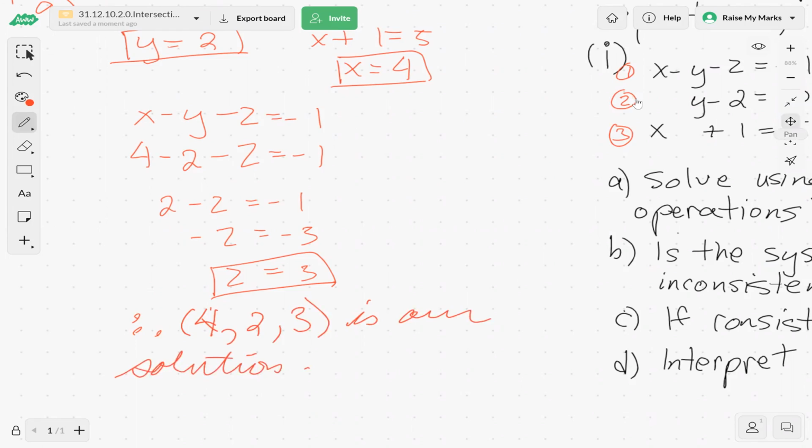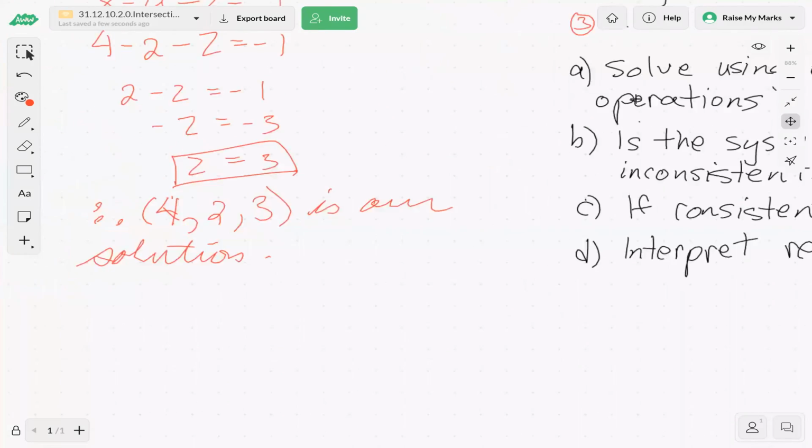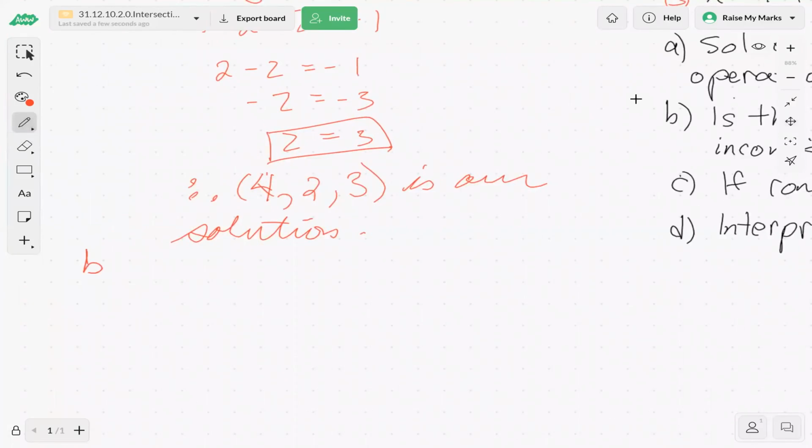Okay. Is the system consistent or inconsistent? It looks like it's consistent, because we do have a solution, because we found a solution.